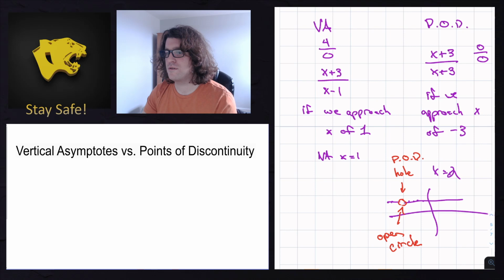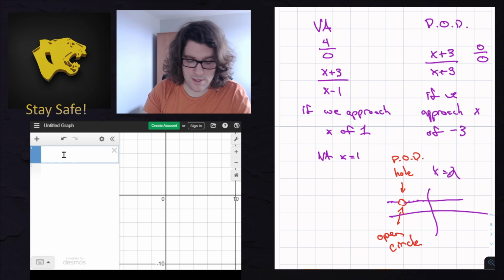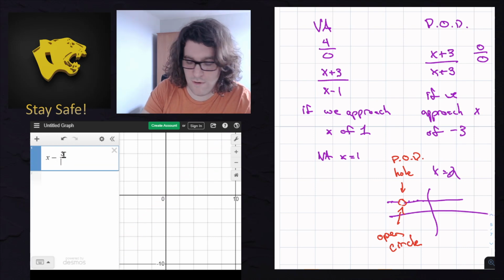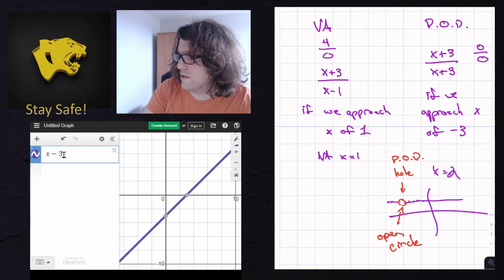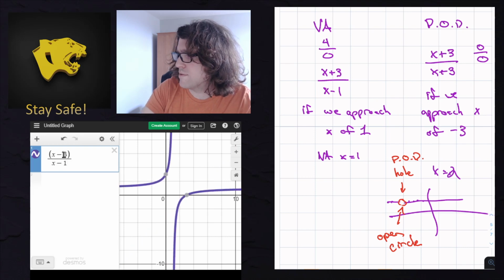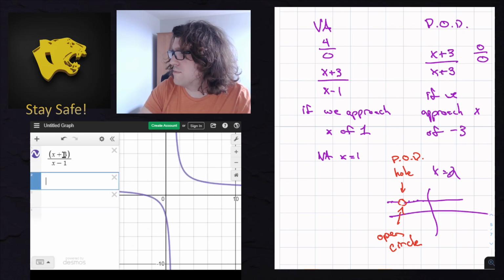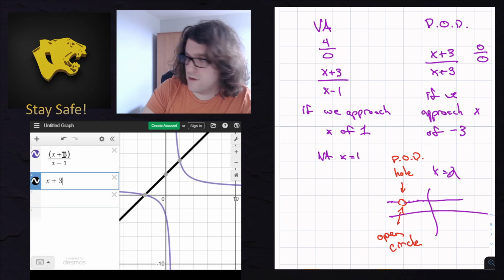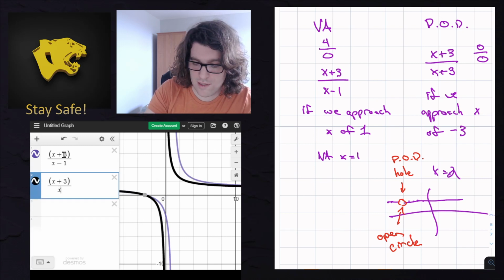So I'm going to put these two things into Desmos for a second and let you see the difference. I've got a graph here, and this is x minus 3 over x minus 1, except that's plus 3, not that it really matters, but x plus 3 divided by x plus 3.